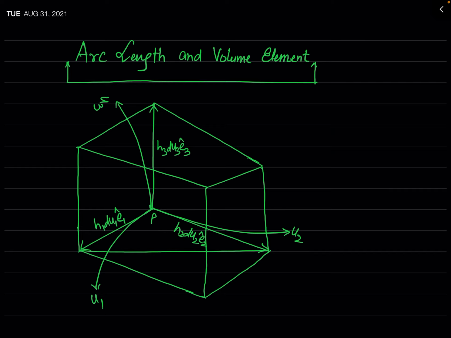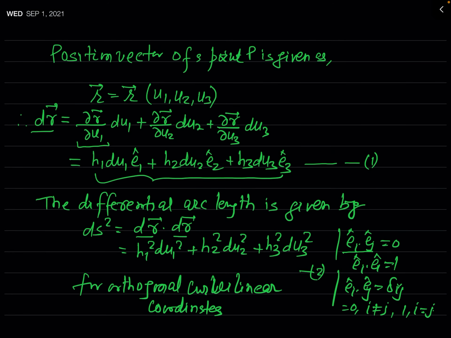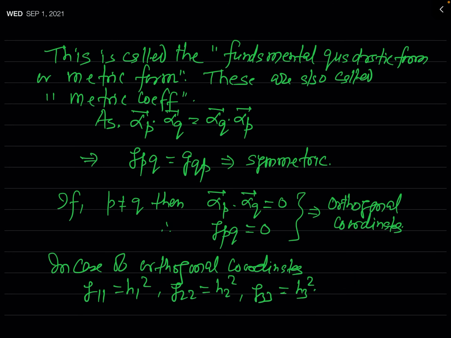Actually, these three vectors form the sides of a parallelepiped, and so we can find the volume of this parallelepiped, which is actually called volume element. You know from the vector algebra how we can find this volume element. So according to the figure, you can find the volume element in an orthogonal curvilinear coordinate system.